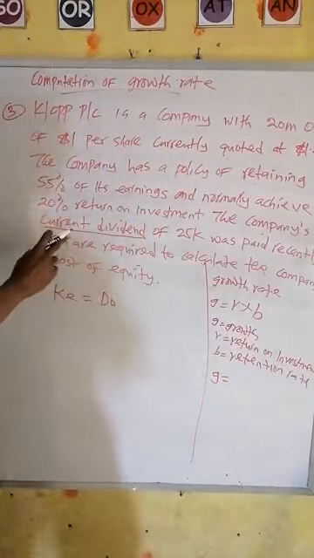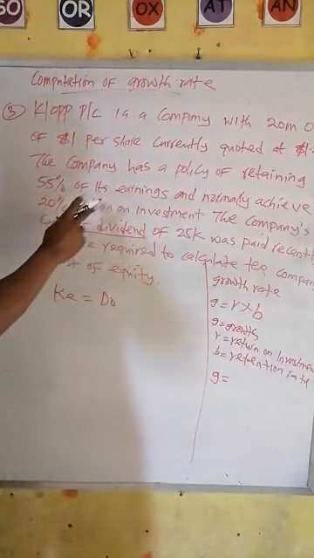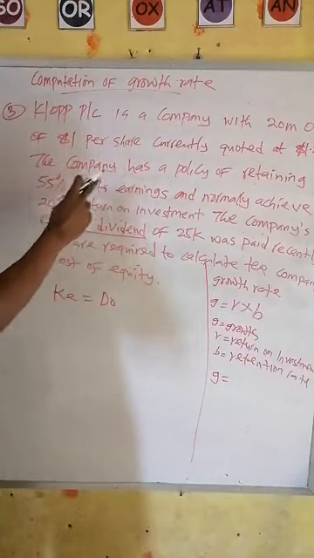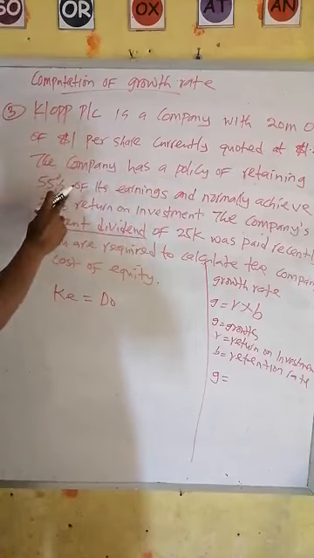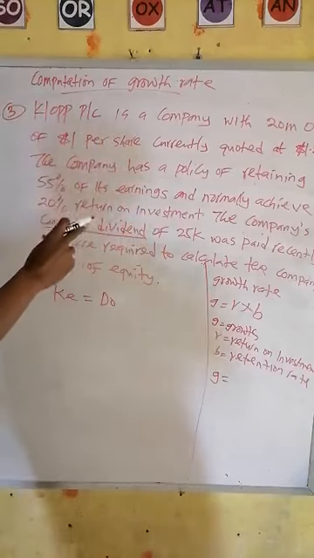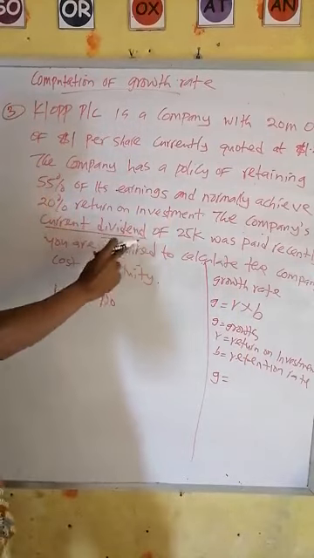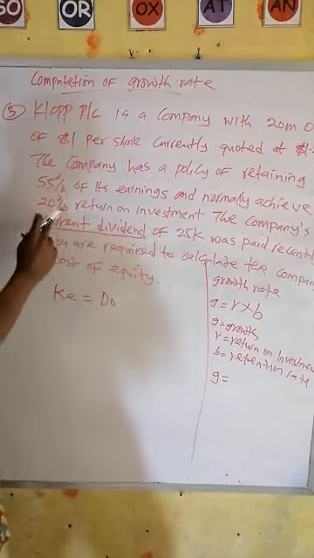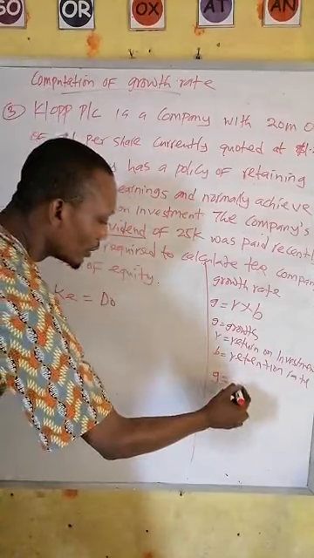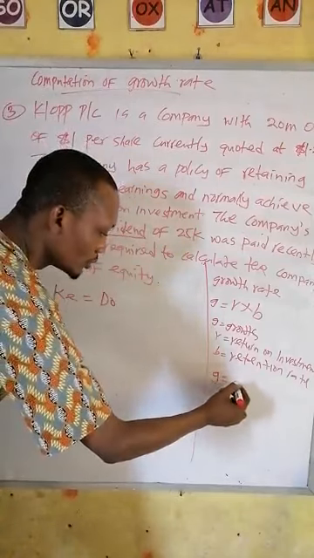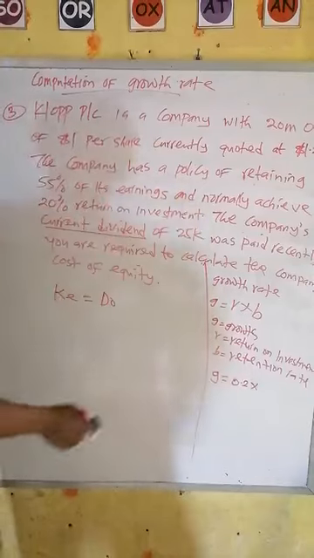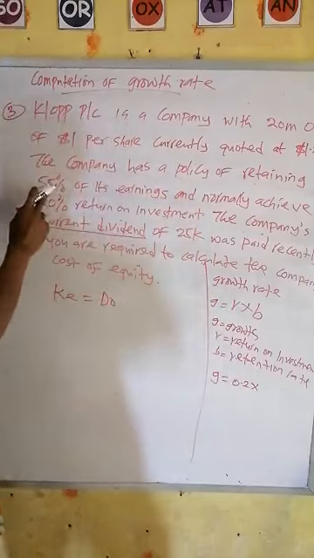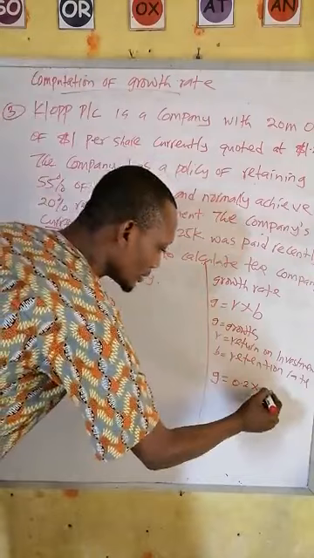Return on investment is 20%, that is 0.2, times B, the retention rate, which comes from the policy of retaining. What's our retention rate? 55%, that is 0.55.